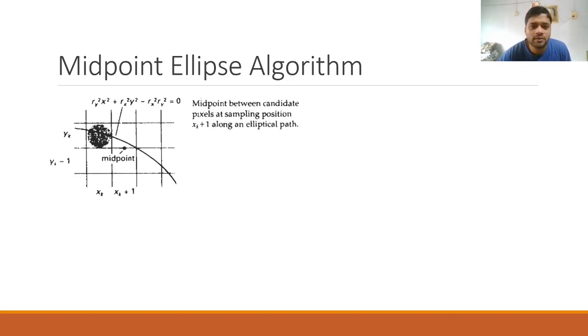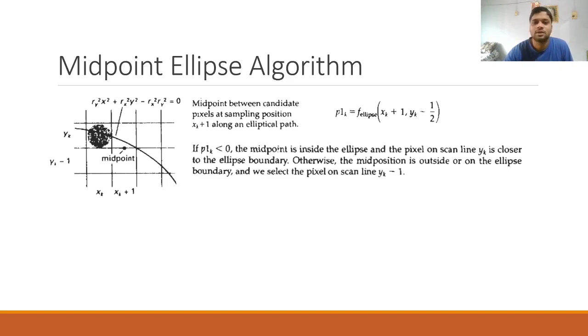So we take the midpoint between candidate pixels at sampling position xk plus 1 along an elliptical path. This is the decision parameter that we are going to use. p1k is the decision parameter for region 1, evaluated at xk plus 1 comma yk minus half.